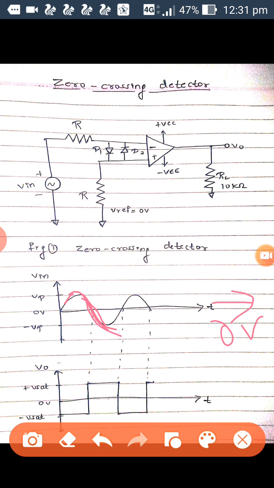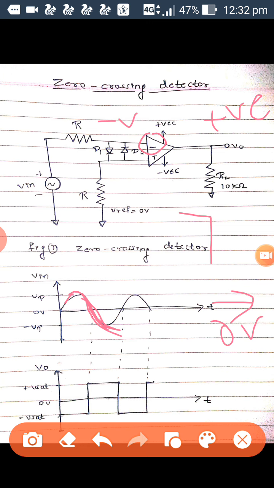We have applied the input to the inverting terminal, which means the output will be inverted. So the output will go in a positive direction. Input is negative, the output will be positive because it is an inverting type of amplifier. You need to remember this. Whenever the input passes the zero line in a negative direction, the output will be a positive saturation level.